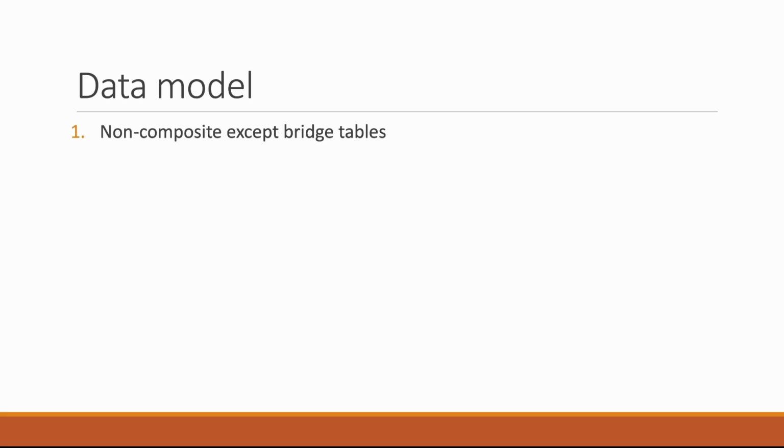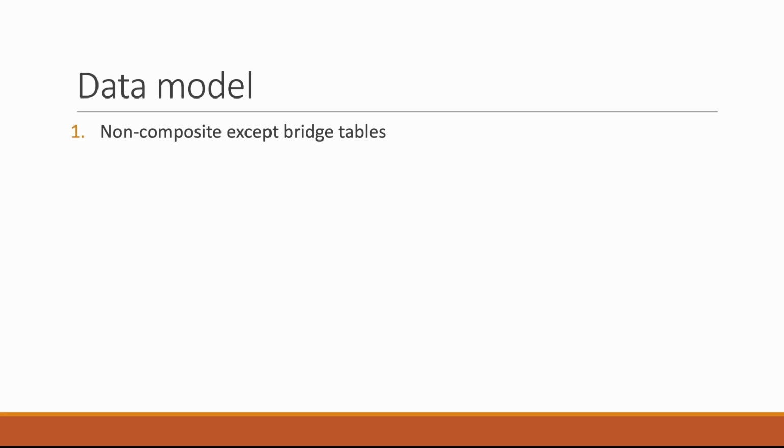First of all, we study database courses in our undergrad, master's programs, and certifications, and we study RDBMSs in detail. So we often see composite keys, right? A primary key made up of two or more columns is a composite key.